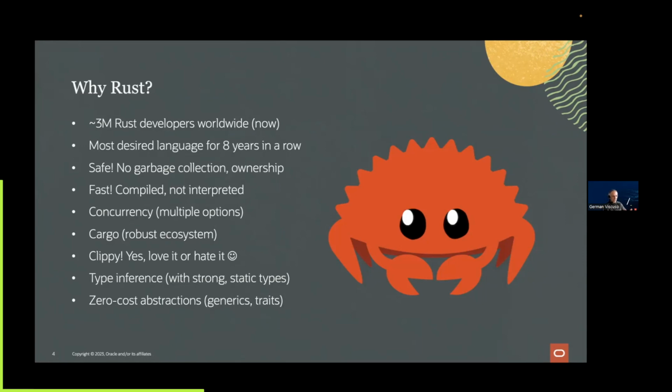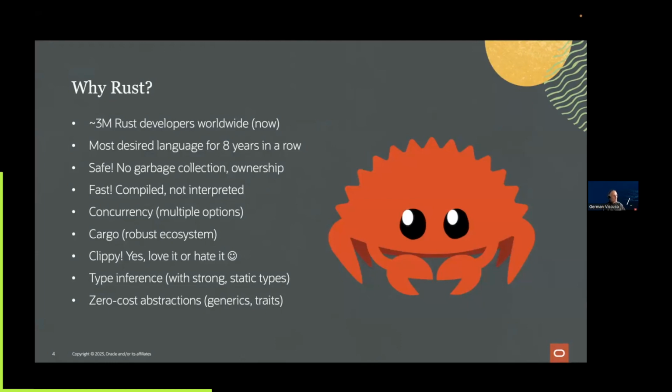Clippy is like an agent, working on your behalf to have you create the best Rust code possible. Some people hate it because it's very pedantic and complains all the time. But I really like it because I learn a lot from Clippy, because it gives you code variants that you can use, and you get that on the same screen where you see the errors. So Clippy is integrated in the system that is building your Rust code.